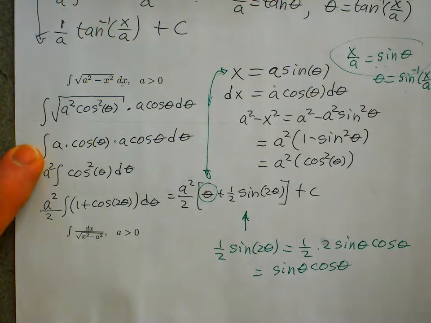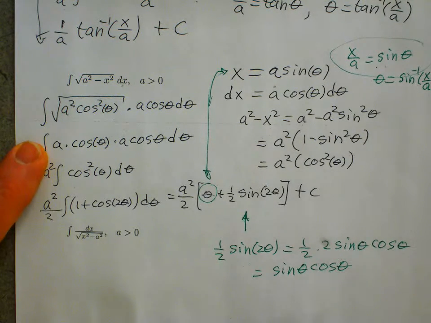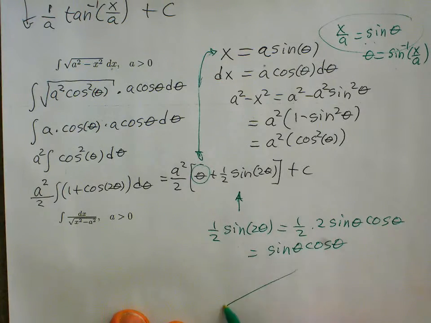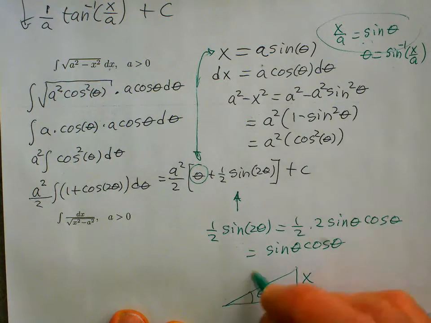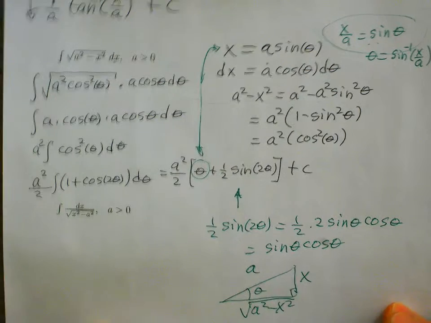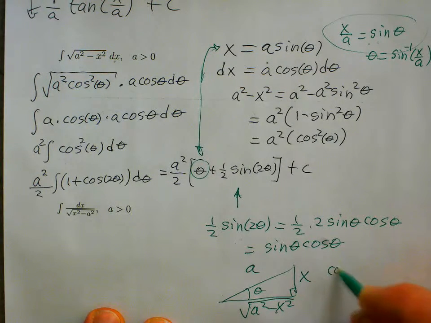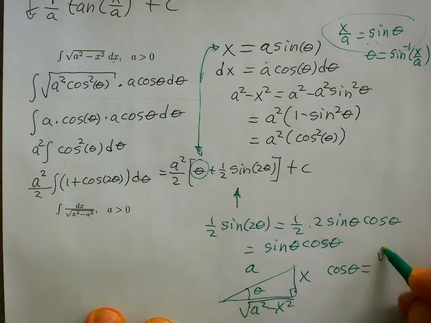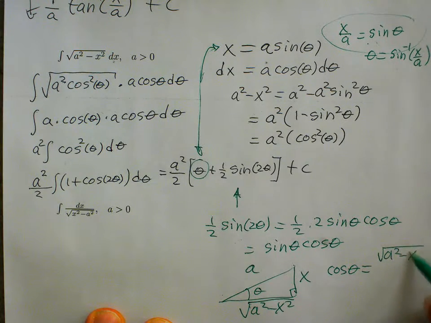And then cosine of theta, well, let's see. If theta has a sine that's equal to x over a, then this adjacent side is the square root of a squared minus x squared. And so cosine of theta is the square root of a squared minus x squared over a.